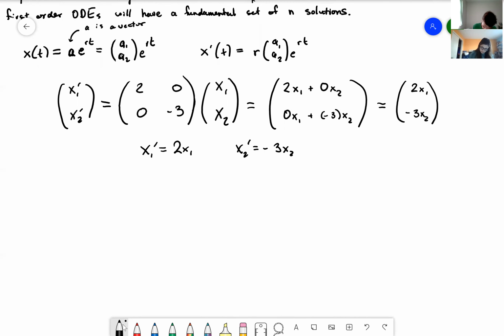And we already knew how to solve these. We got x1 is equal to e to the 2t, and x2 is equal to e to the minus 3t. And this formed our fundamental set: e to the 2t, e to the minus 3t.